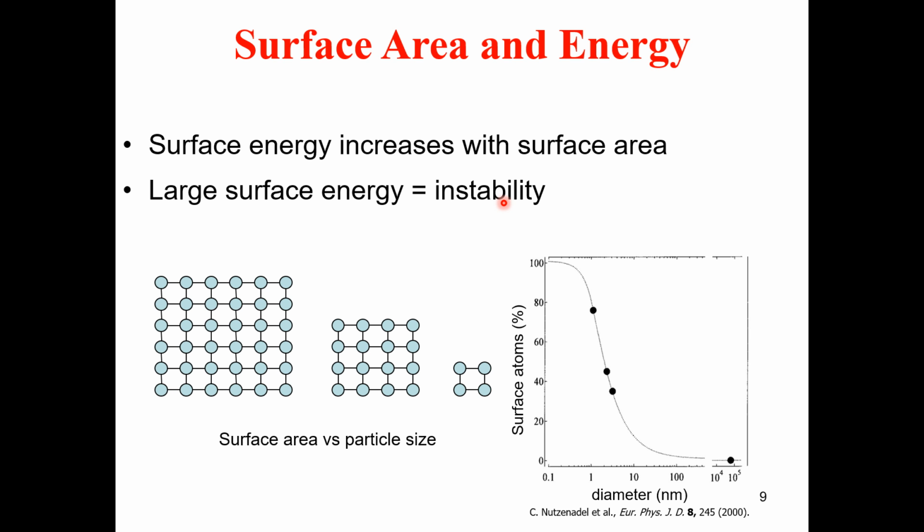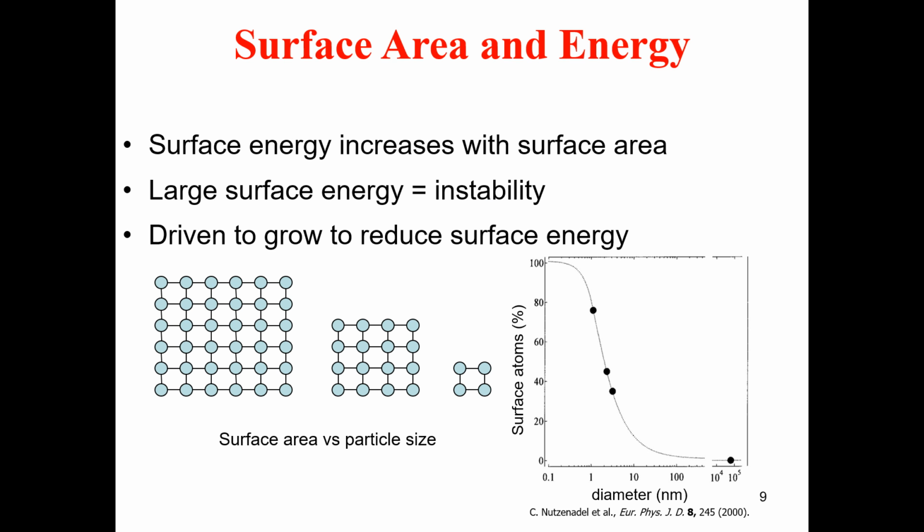So let me repeat it again. When we reduce the size of the material, the surface atom percentage increases. When the percentage of surface atoms increases, it results in an increase in the surface energy. The increase in surface energy means that the material becomes unstable, or we can say that the instability of the material increases. It means that the material is moved toward high reactivity, driven to grow to reduce surface energy.